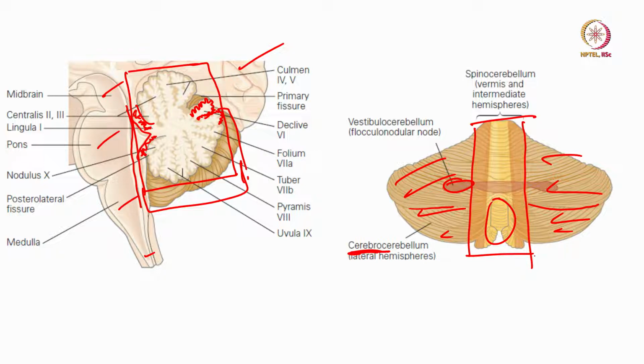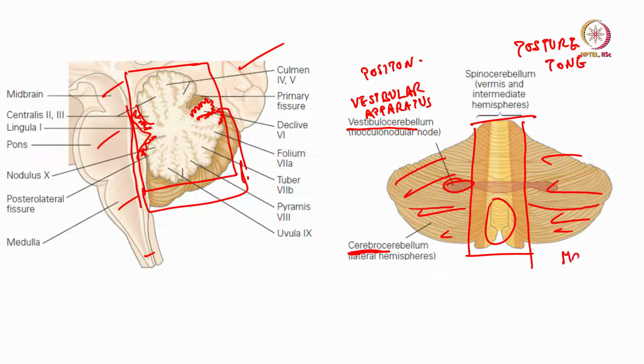A brief description: the vestibular cerebellum is basically with the vestibular apparatus. So, that would be in position. Spinocerebellum is with posture and tone.